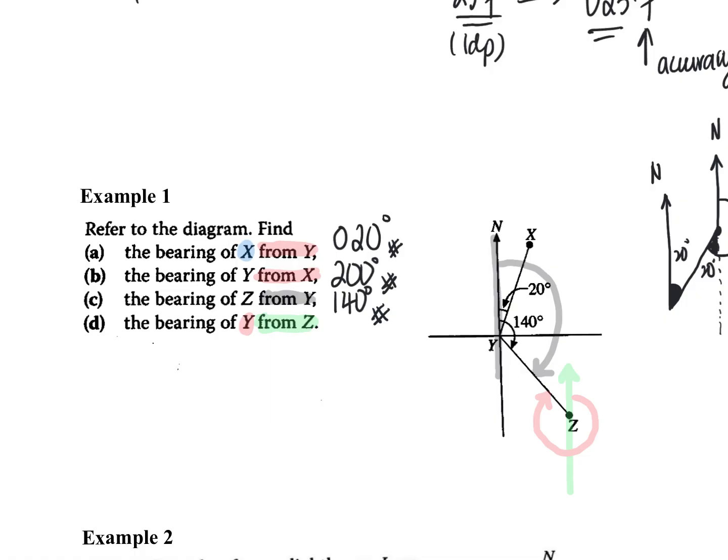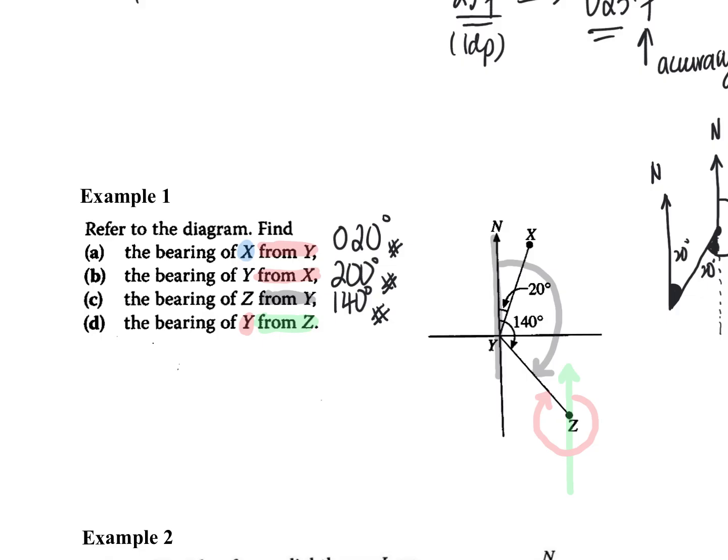Like you are here, right? And then you turn clockwise until you are pointing at Y. So this whole angle, the red one, it's your bearing. So imagine you are the clock hand. Turn until you are facing that point. So the angle turn is the bearing.